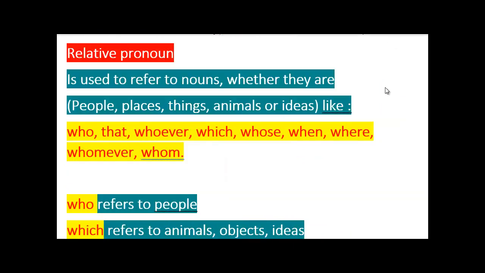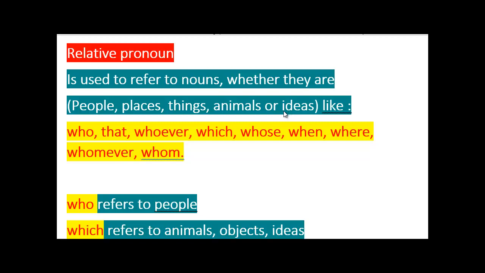Now, if we go back to relative pronouns, we can say that pronouns are used to refer to nouns, whether they are people, places, like London or Birmingham or Lancaster or New York or Liverpool, things like a table, a desk, a computer, a mobile, animals, or ideas like peace or love or hope.